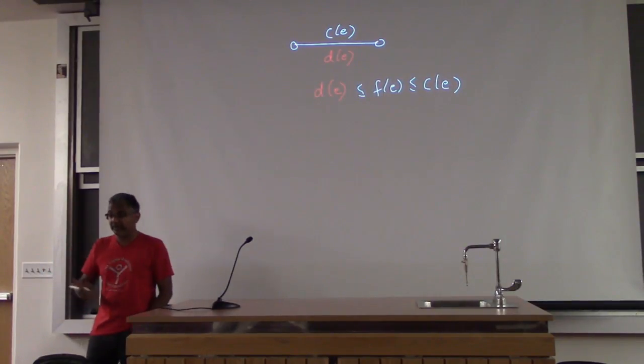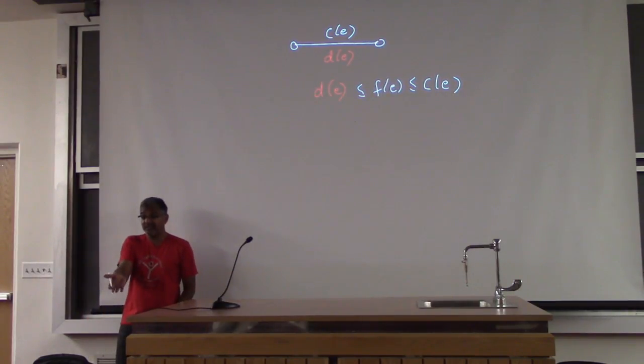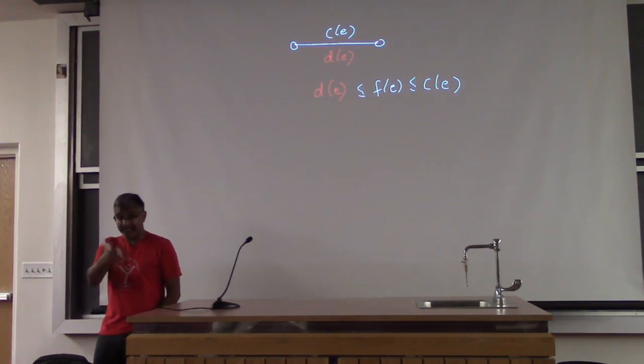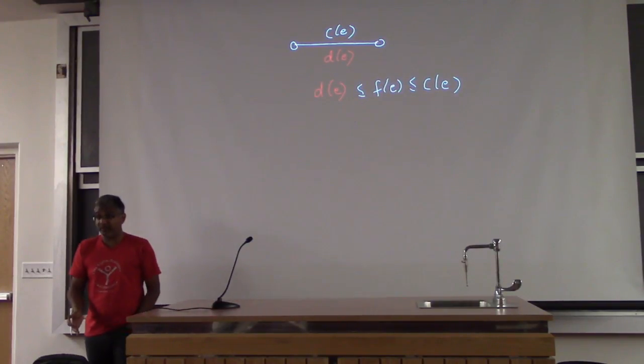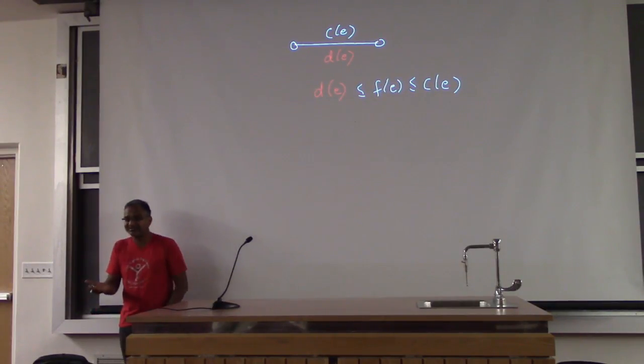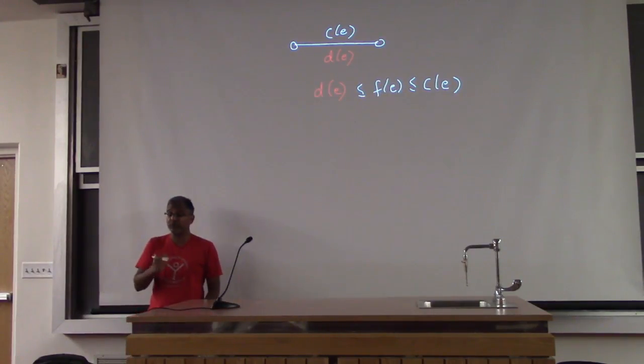The solution with Ford-Fulkerson is not going to give you a guaranteed feasible solution. In fact, there may be no feasible solution here at all. And we drew an example last time where there's no feasible solution. So the question here is not so much what's the flow, but is there any flow at all? And the question of whether there is a feasible flow at all, we said can be reduced to the problem of just solving the max flow.